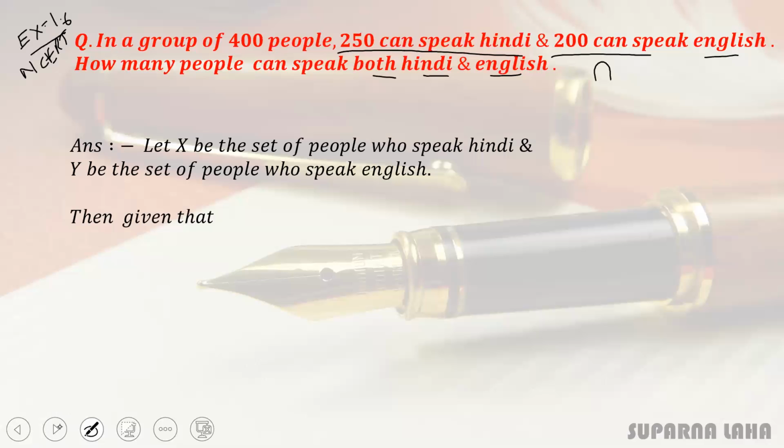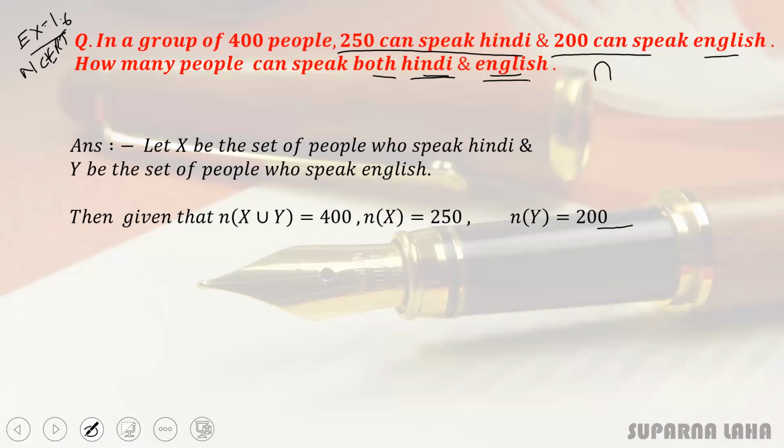So write down the given data first, that is the number of elements in x union y, the total number of people, is 400, the number of people in the set x is 250 and the number of people in the set y is 200.